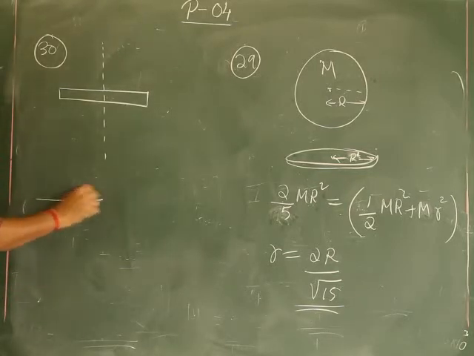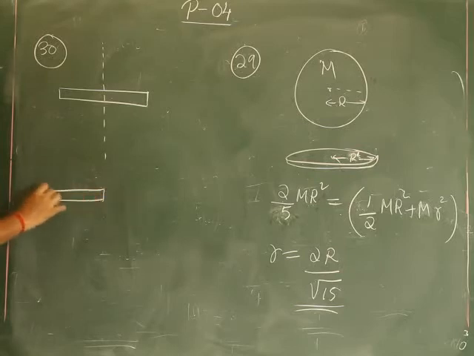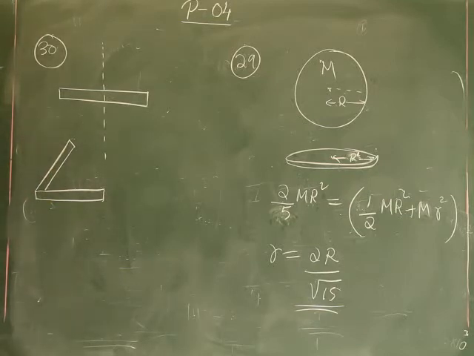So I will just write here, it's bent like this, for an angle of theta. The moment of inertia of the bent rod about the same axis would be what? So what we do is, we'll take.